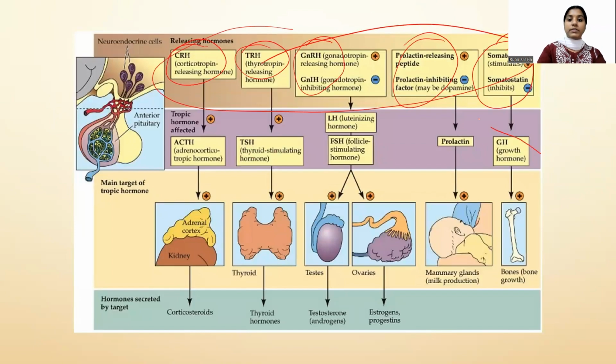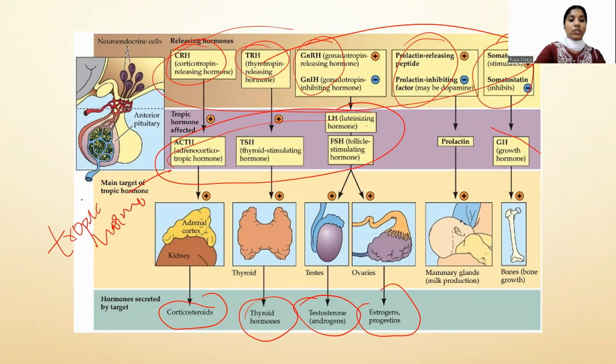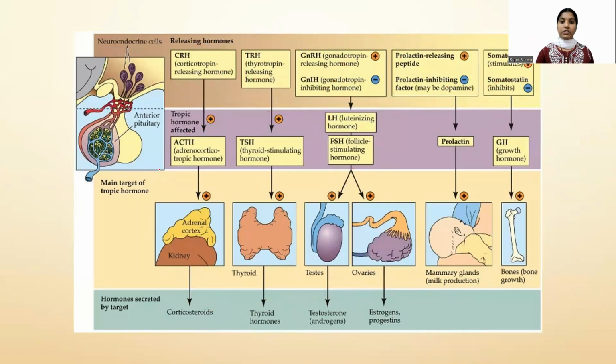These tropic hormones make the glands release the prime hormones like corticosteroids, thyroid hormones, testosterone, estrogens, and progesterones. The hormones that make the endocrine glands release the working hormones are called tropic hormones.